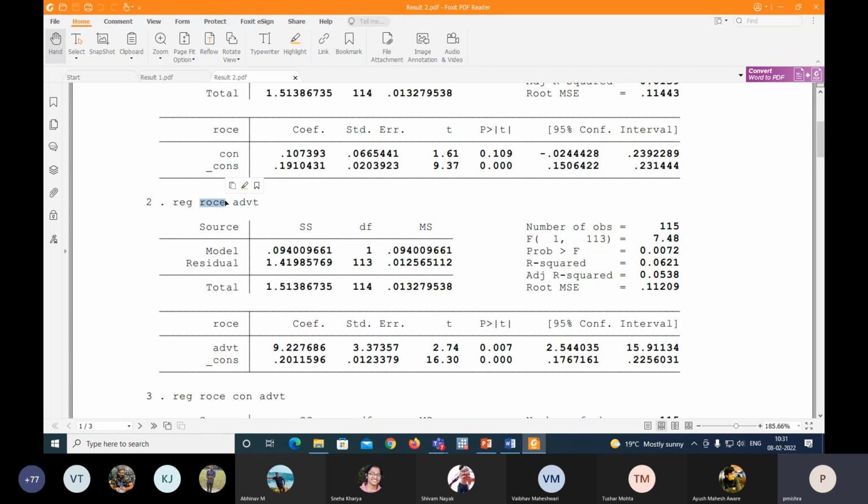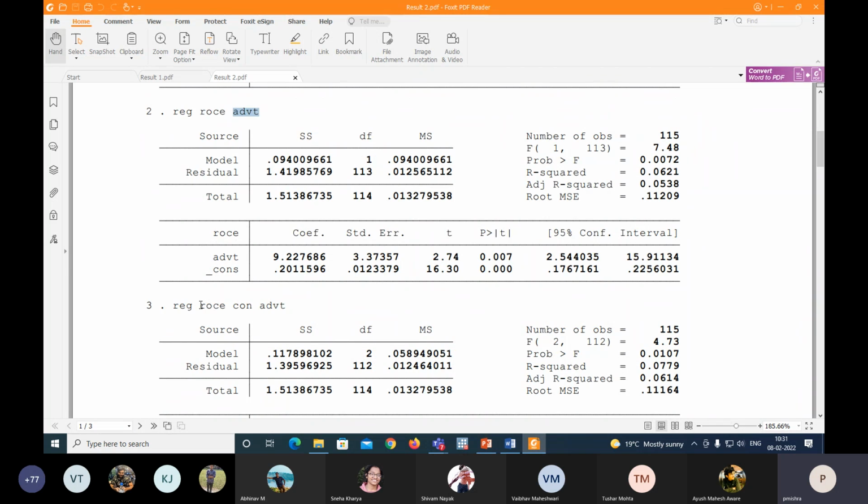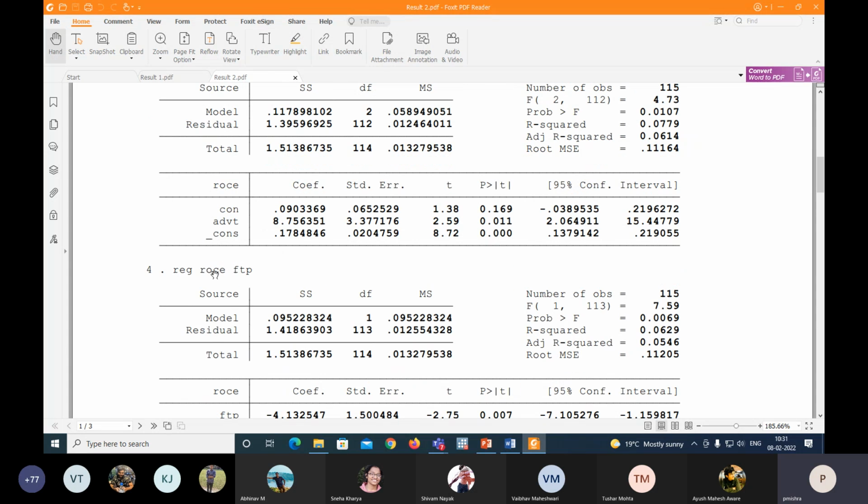Here the model is estimated with ROCE as the dependent variable, market concentration and advertising intensity as independent variables. So in this model there are two independent variables. Then here the model is estimated with ROCE as the dependent variable, FTP as the independent variable. Foreign technology purchase.